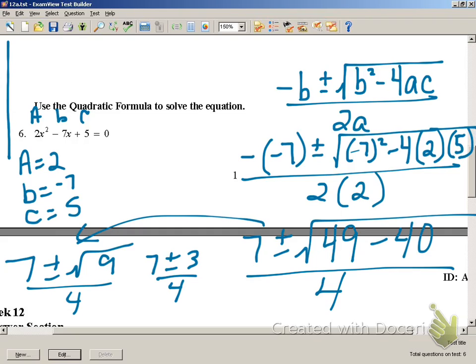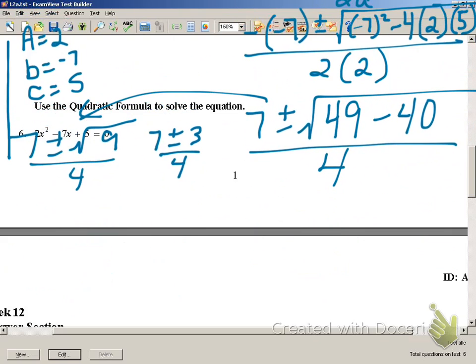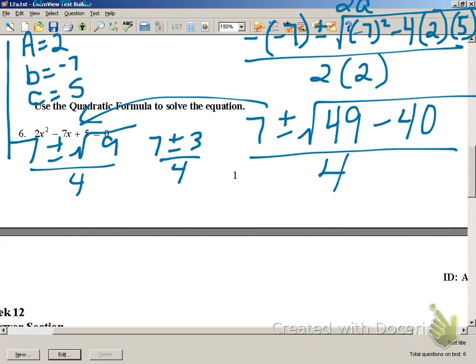Let me move everything up. So I have 7 plus 3 over 4, and I have 7 minus 3 over 4. And I have to work both of those out.